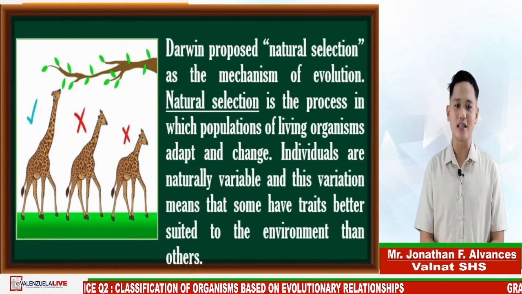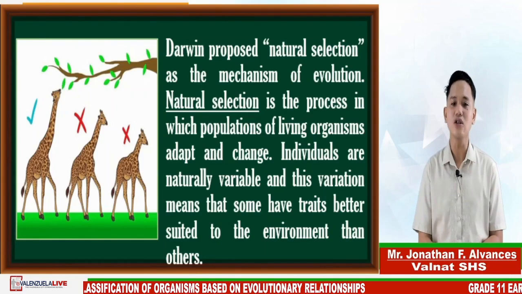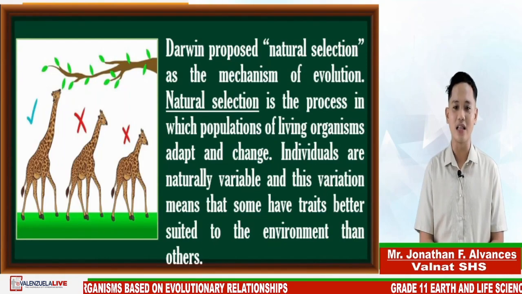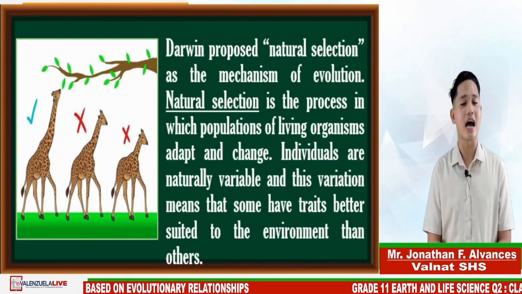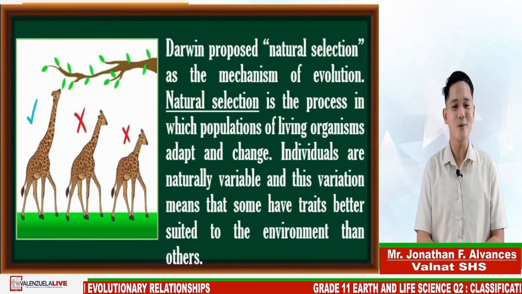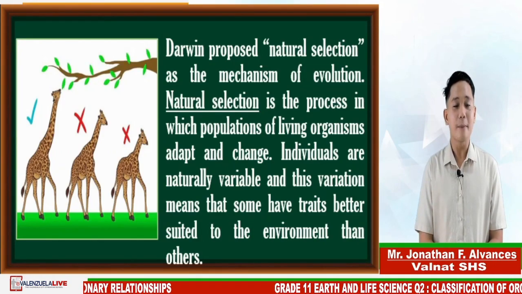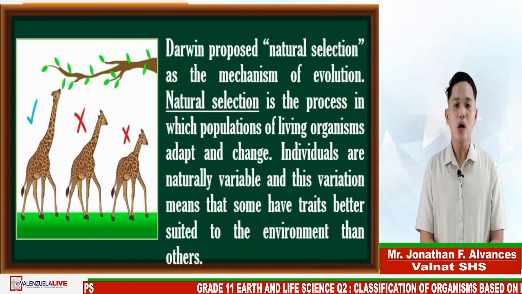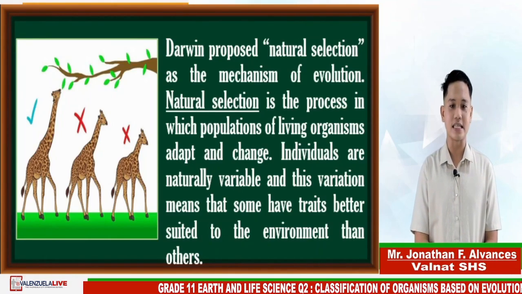As a result, the population gradually comes to include more and more individuals with the advantageous characteristics. In this way, the population evolves and becomes better adapted to environmental circumstances.